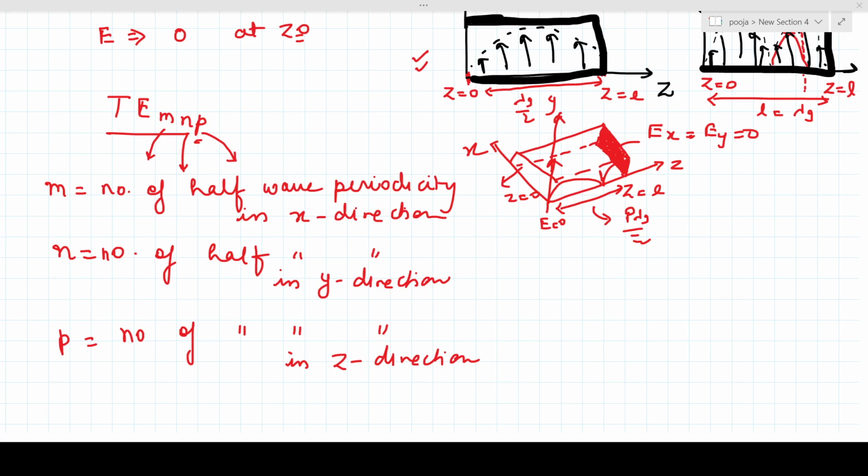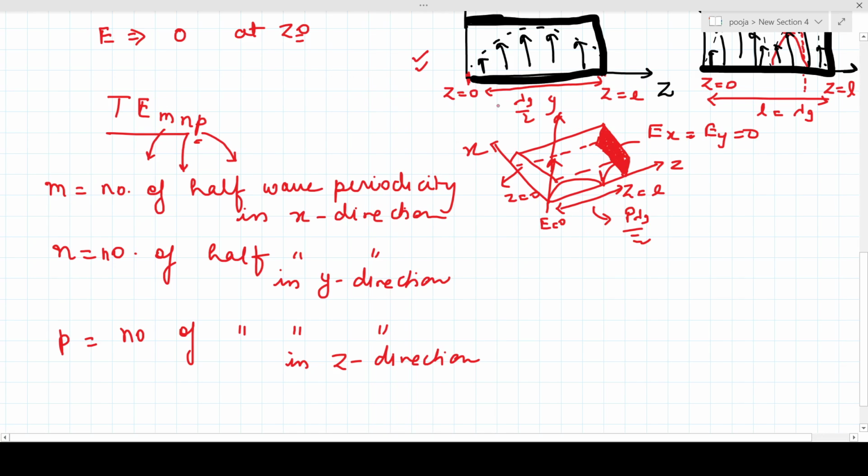So this is the definition of M, N and P, which is written over here. M represents the number of half-wave periodicity in the x direction, N represents the number of half-wave periodicity in the y direction, and P represents the number of half-wave periodicity in the z direction, or the number of standing wave patterns that would have been formed in this structure because of reflection from the wall.